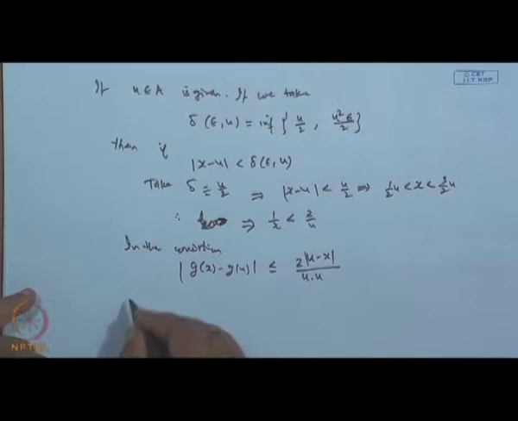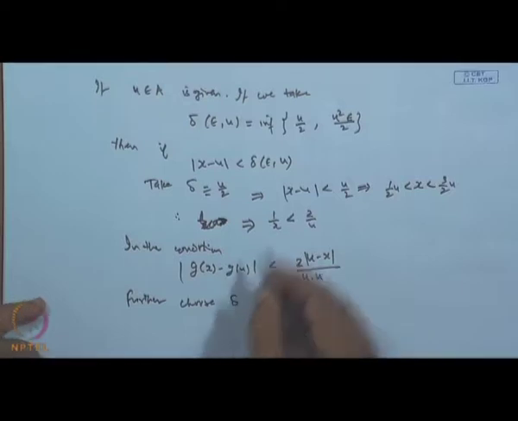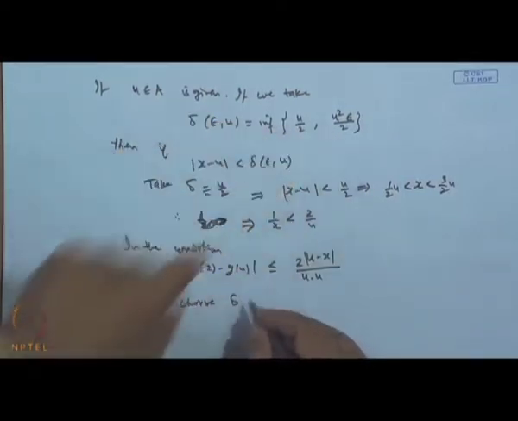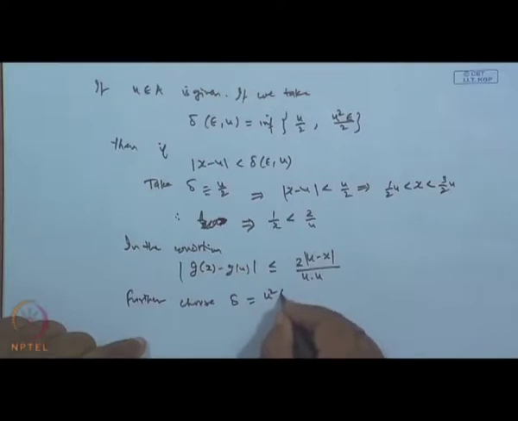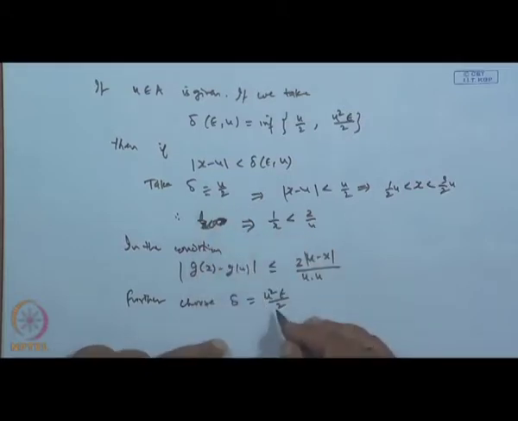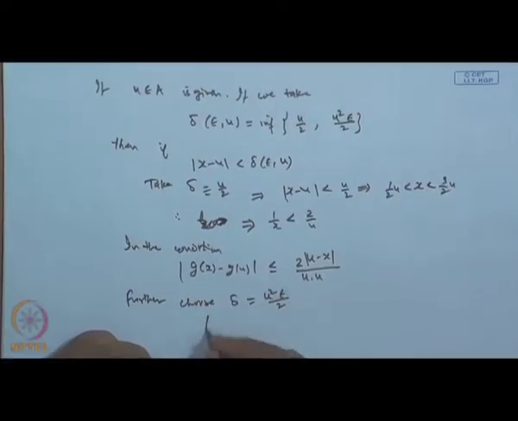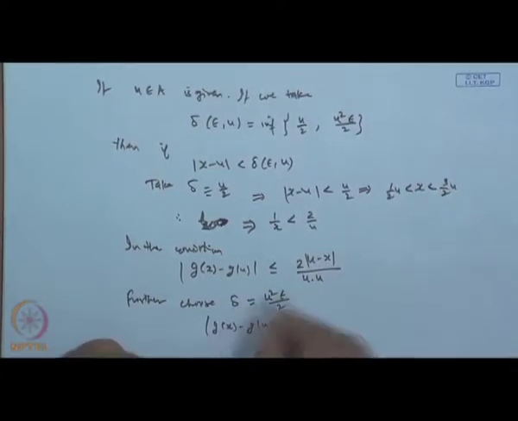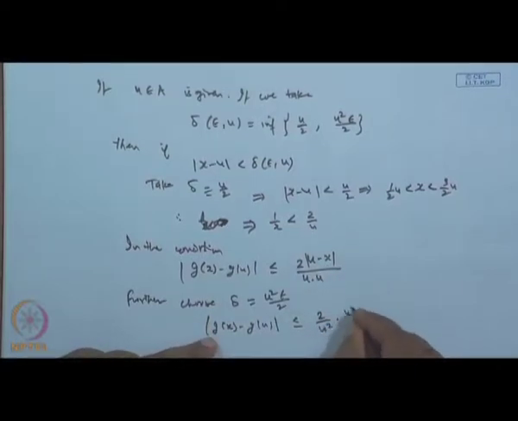Now, further choose delta to be u squared epsilon by 2. Once I am taking delta to be this, what we get is that mod of g(x) minus g(u) is less than or equal to... since |u minus x| is less than delta, this is less than 2/u squared into u squared epsilon by 2, that is epsilon.